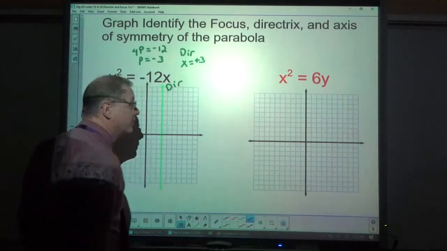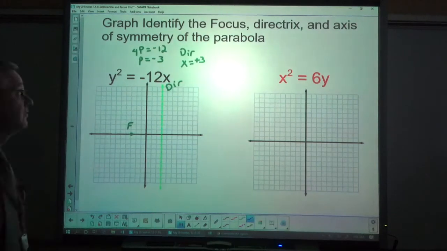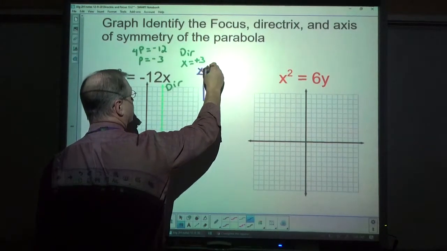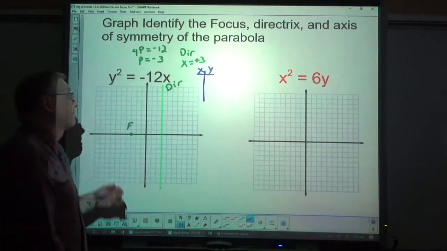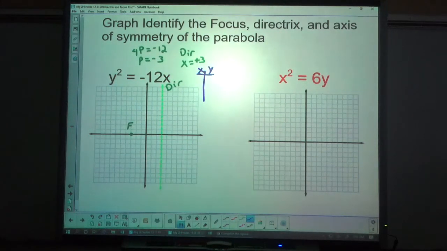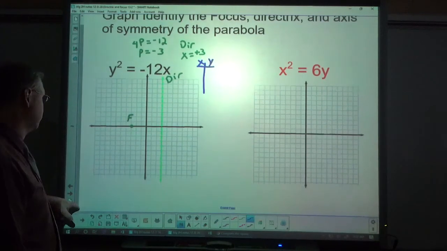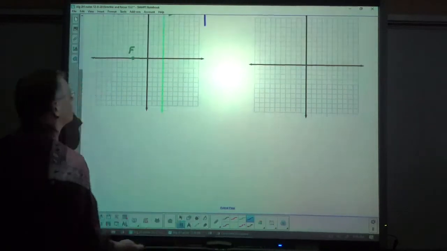Now, we need some tables of values. When you think about it, it would be easier to solve this if it weren't in this form. So I'm going to bring that down here.